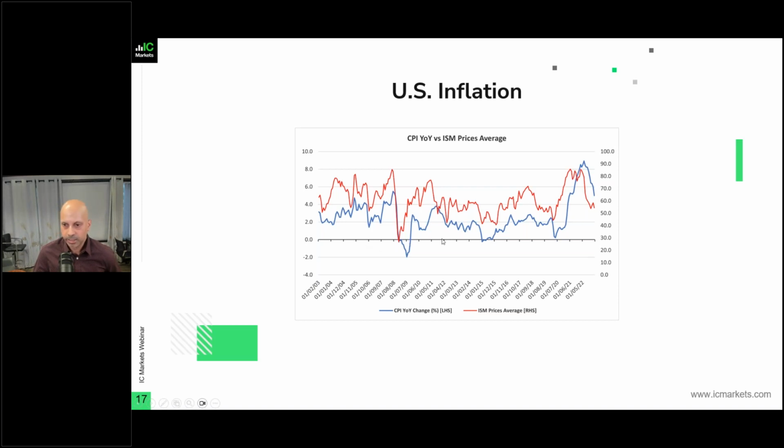So this relationship has held pretty closely throughout the last 20 years, and it was very evident in the second half of 2020 and 2021. Even though central banks only started raising rates in 2022, with the Fed starting in March of 2022, ISM prices were actually rising pretty sharply way beforehand and had a lead of about 2 to 3 months.